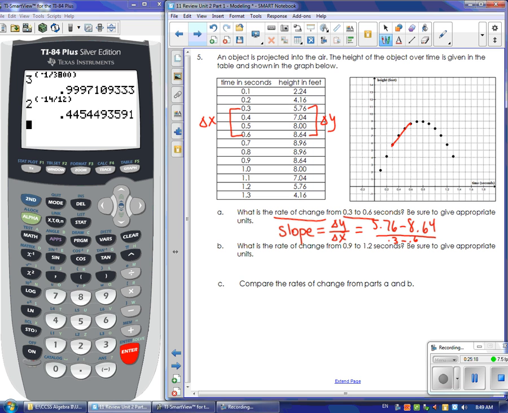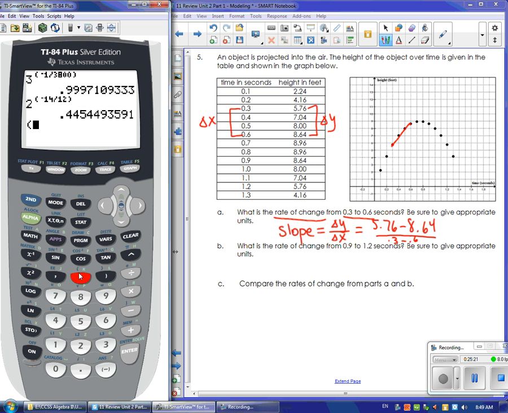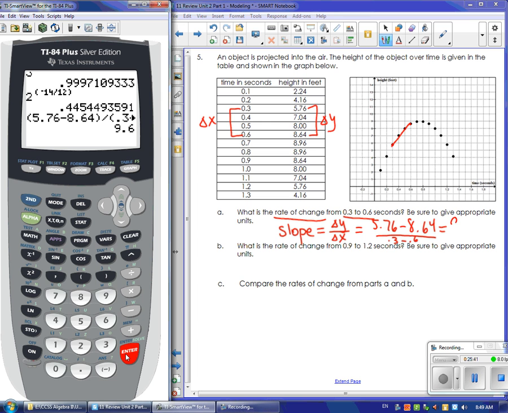And when we evaluate this, and I'm going to put everything in parentheses, my numerator is 5.76 minus 8.64, and I want to divide that by 0.3 minus 0.6. Now I can tell from my graph that this answer should end up being positive because the slope is increasing between those 2 points. And so we get 9.6.